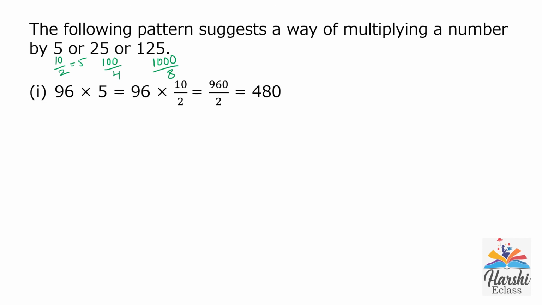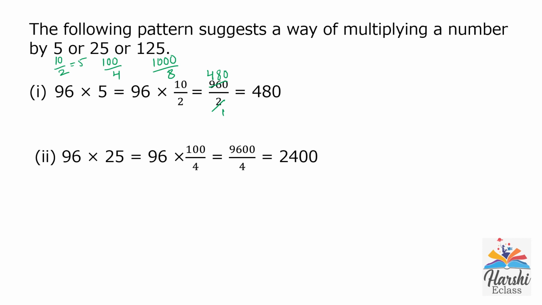96 multiplied by 5, we can write it as 10 upon 2. So 96 tens are 960 divided by 2. We will get 480. 2 fours are 8, 2 eights are 16, 0. 96 multiplied by 25.